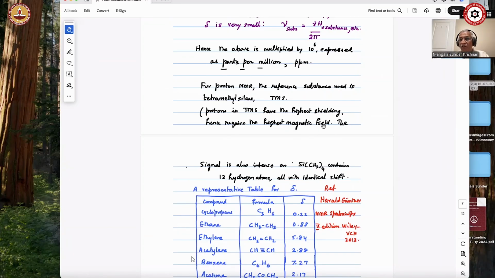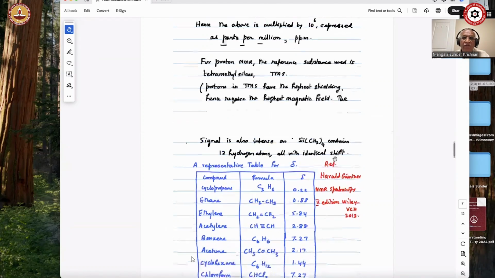As you come towards the left, it is called low field. If the proton is in the environment of more and more electronegative elements, then it is shifted to the lower field, and so on.